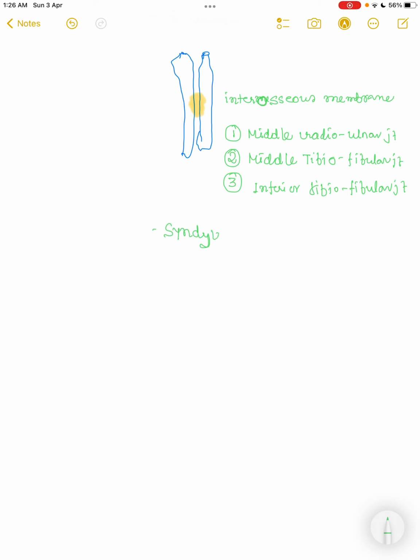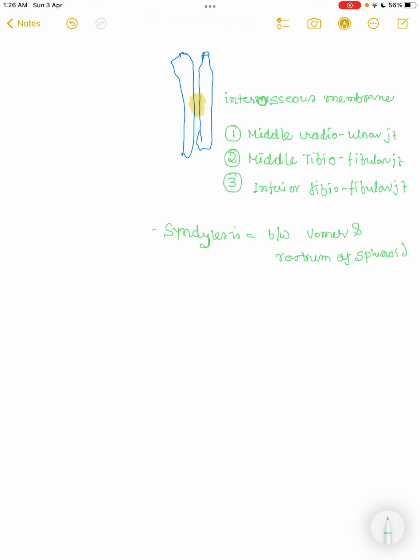And next is the schindylesis, and this is between the vomer and rostrum of the sphenoid.